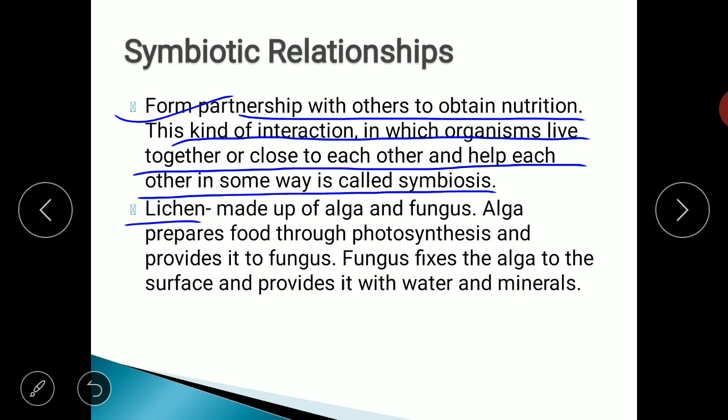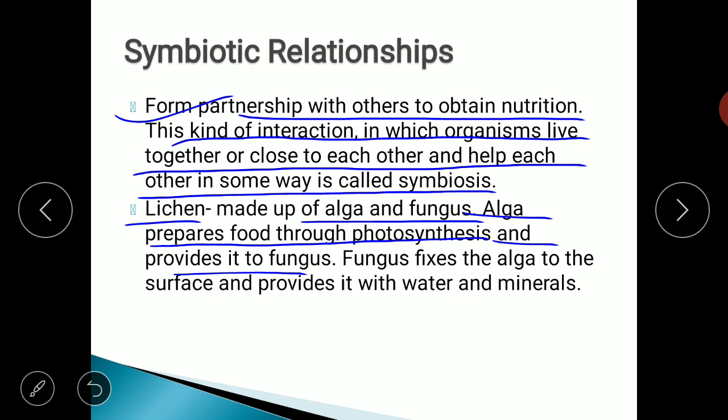It looks like a plant, but it is made up of algae and fungus. In this relationship, how do they help each other? The alga prepares the food through photosynthesis because it is green in color, and it provides it to the fungus.